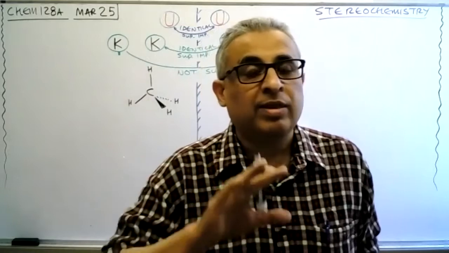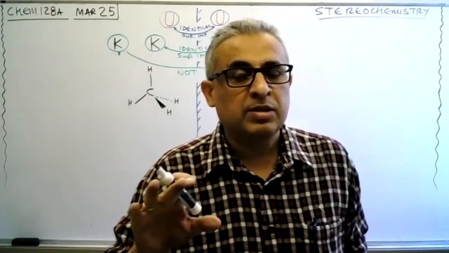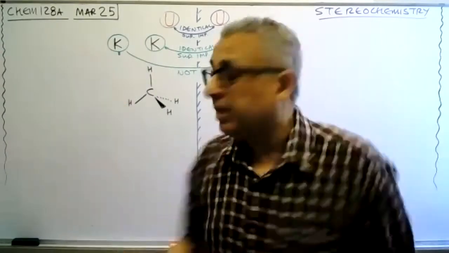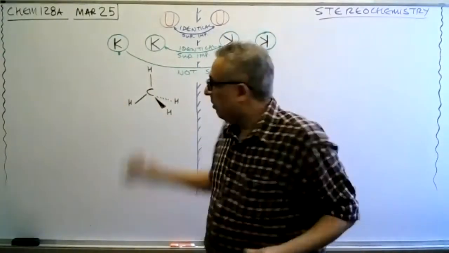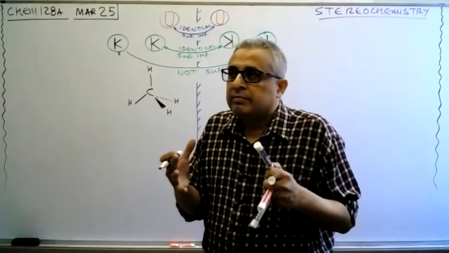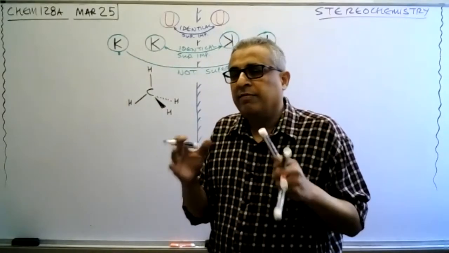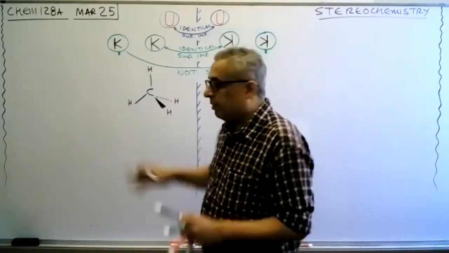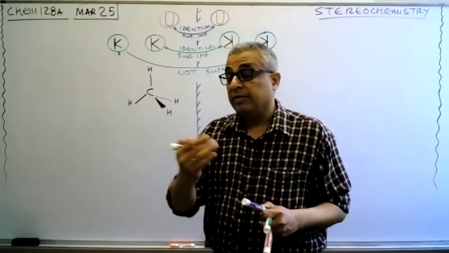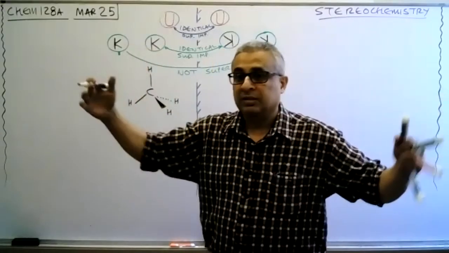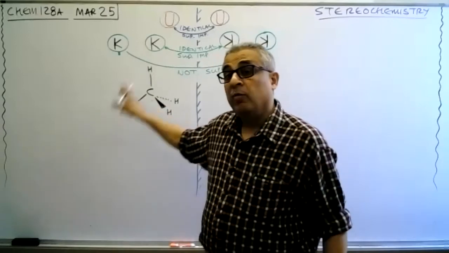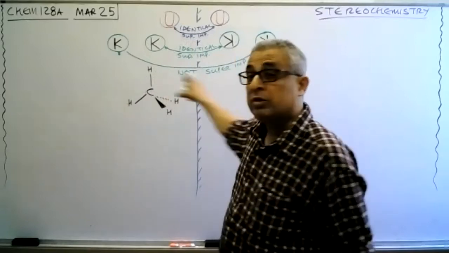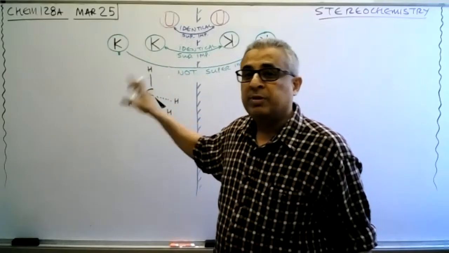It doesn't work with sp2 or sp carbons because they're flat. This property of non-superimposability, there has to be some depth. The molecule must have some depth in it. Okay, 3-dimensional presence. So sp3 works for this property, to acquire this property to be non-superimposable. sp2 and sp don't work.